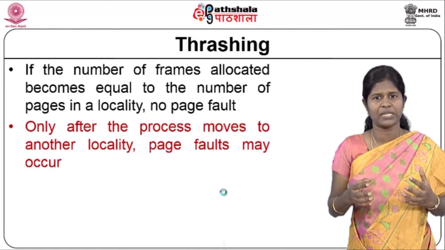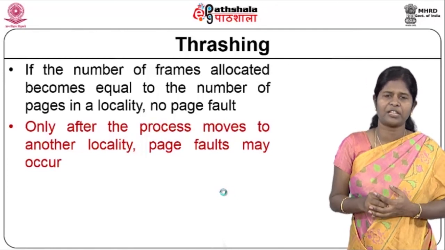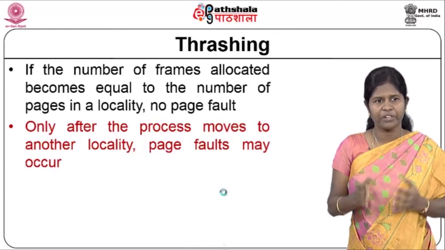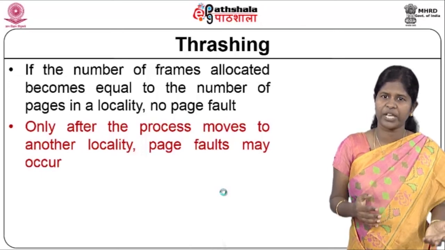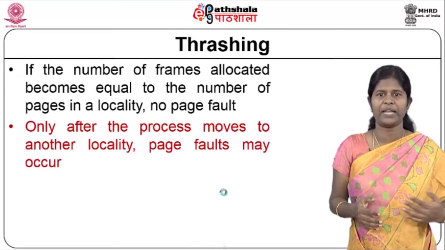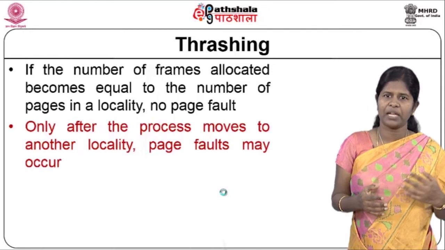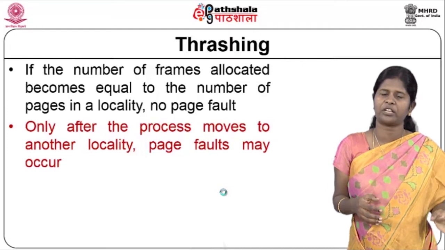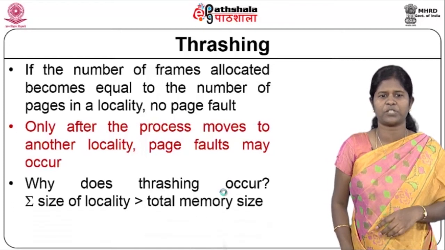When a process is executing a subroutine, if you have all the pages relevant to that subroutine in the physical memory, then there is no page fault. After completing execution of this subroutine, it may move to execute another subroutine, and only then you will get a page fault. That is, it has moved to a new locality, and you need to bring the pages relevant to that locality or subroutine into the physical memory. So, initially you will have a few page faults.